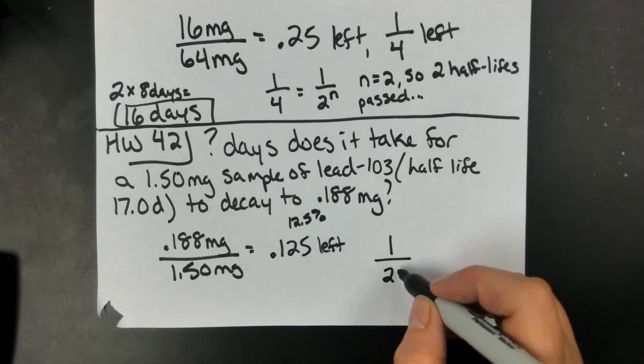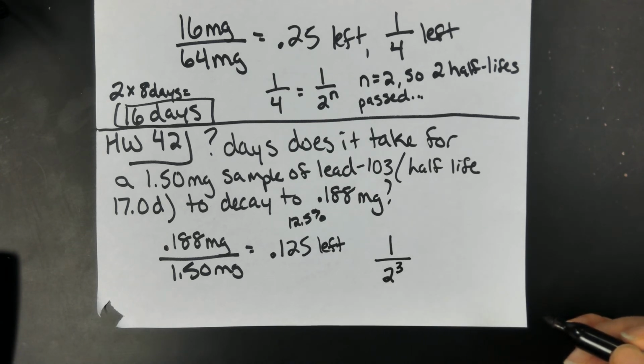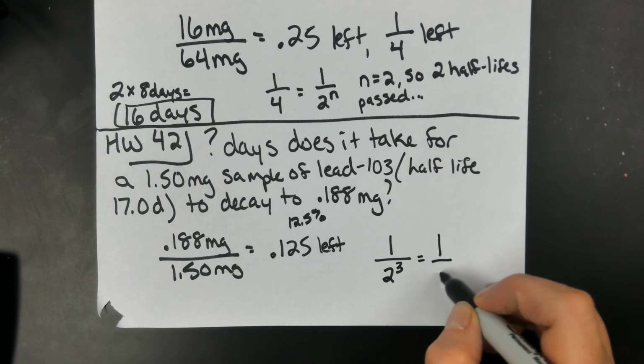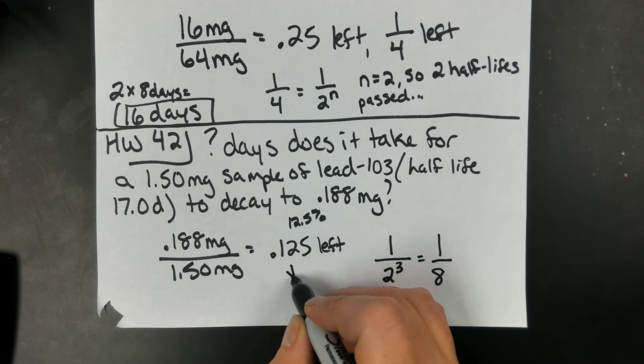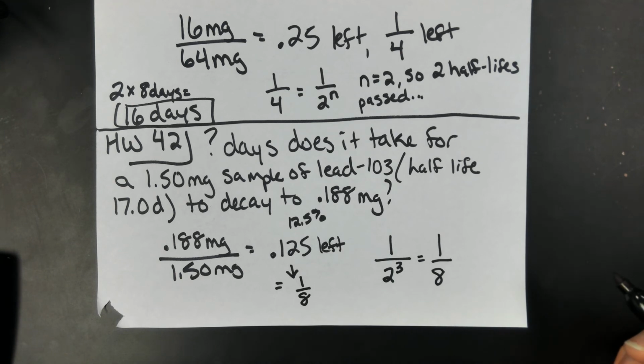So 2 to the power of 2, 3. You guys with me on that? 2 to the power of 3 is the same thing as saying 8. This is equivalent to 1/8 left.